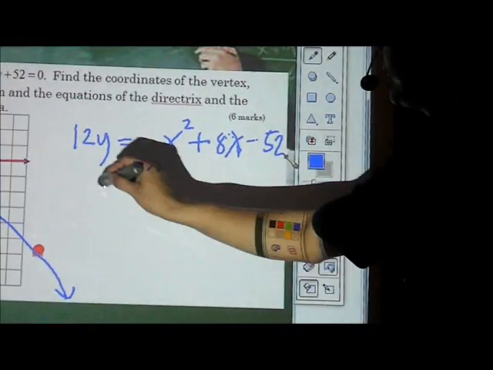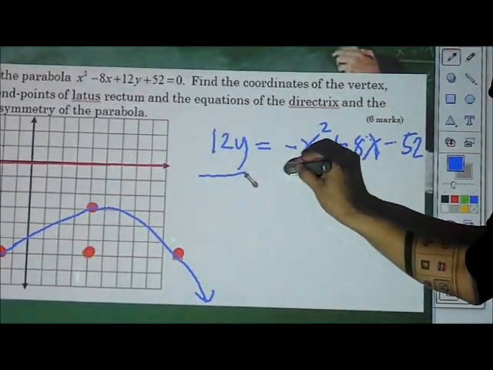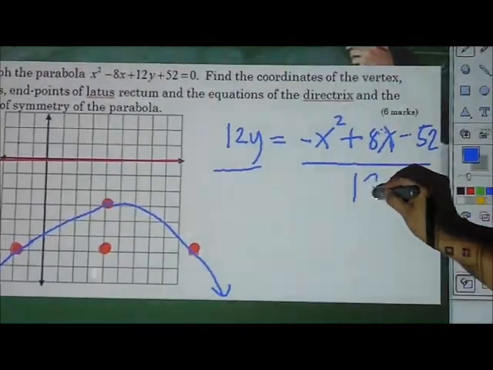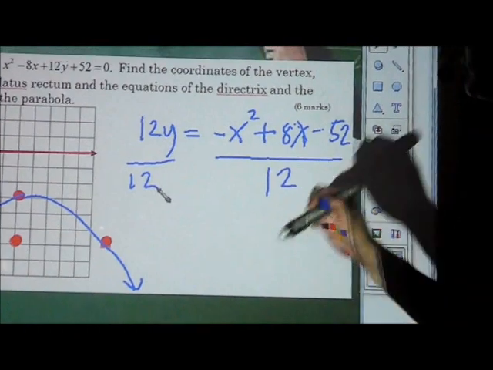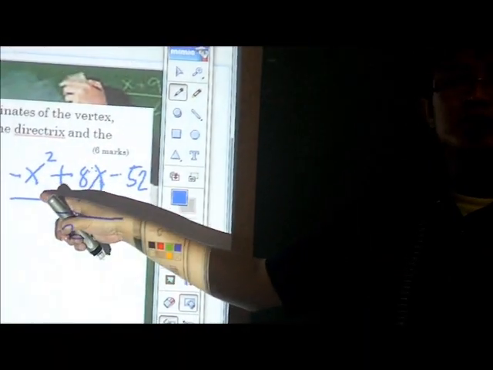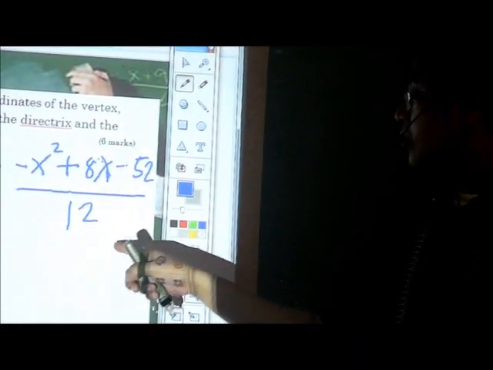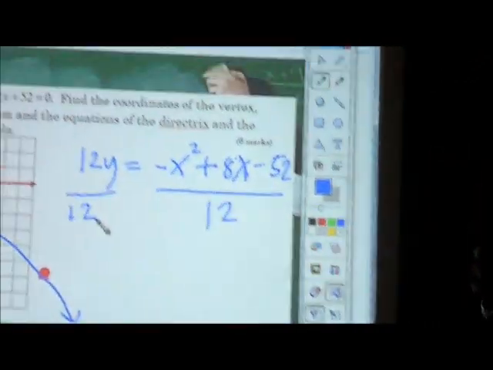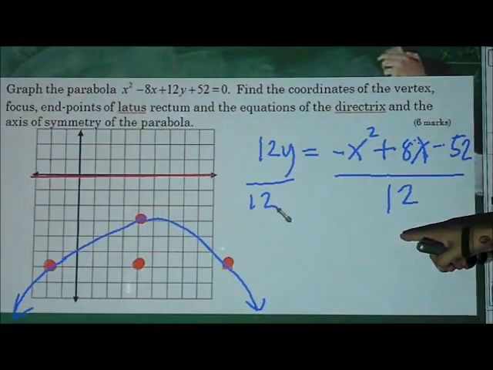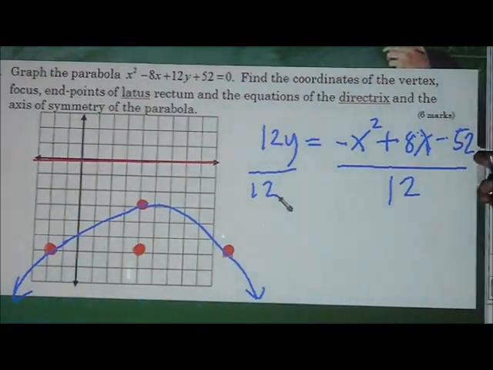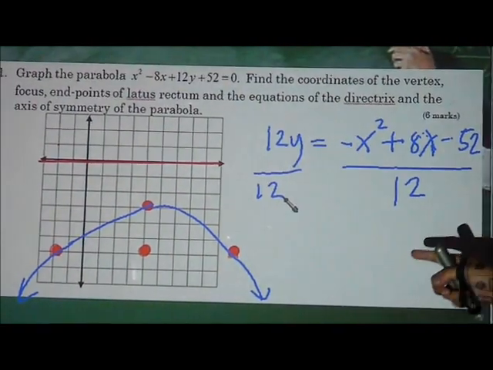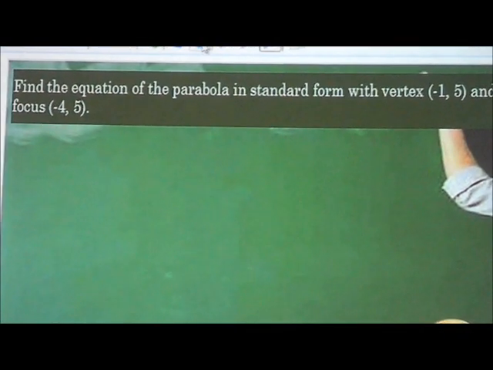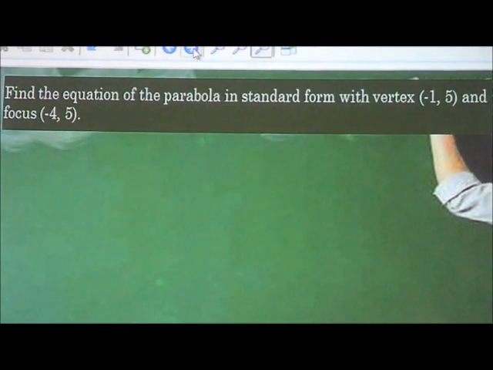What do we do with all the terms? So we divide all the terms by 12. So therefore the coefficient of x squared would be negative 1 over 12, the coefficient of x should be 8 over 12, and the constant is negative 52 over 12.